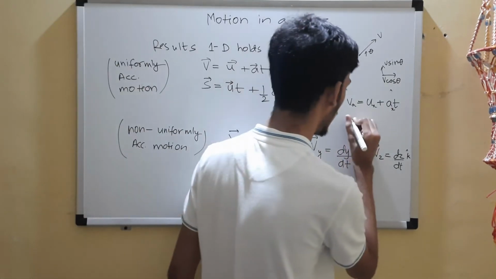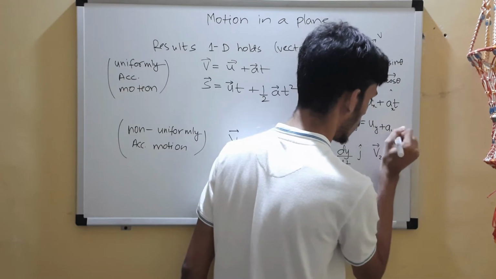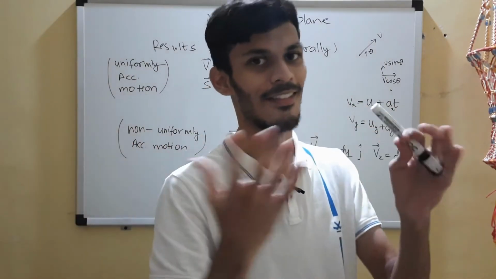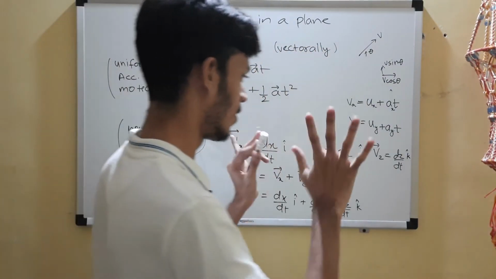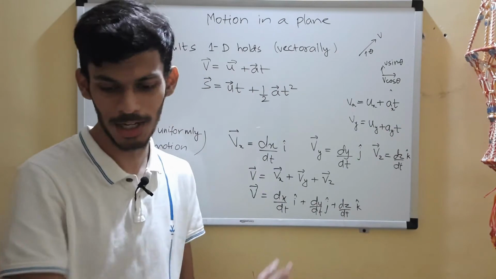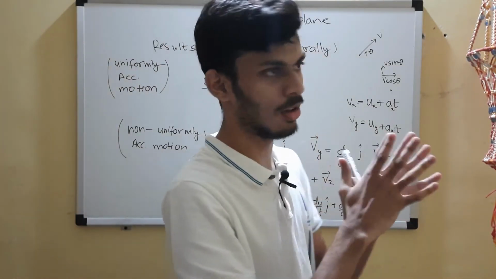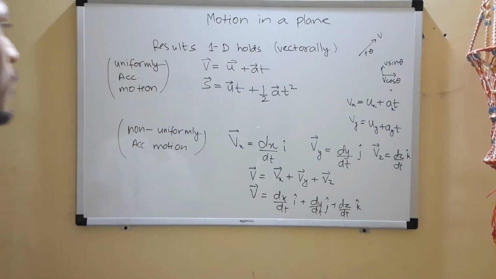Also vy, so you just break it into two independent motions. 2D is two independent 1Ds. So that's all of the bookish things that I wanted to mention. You can note that down, but we are going to discuss all of this in numerical form. That will make things easier for you.